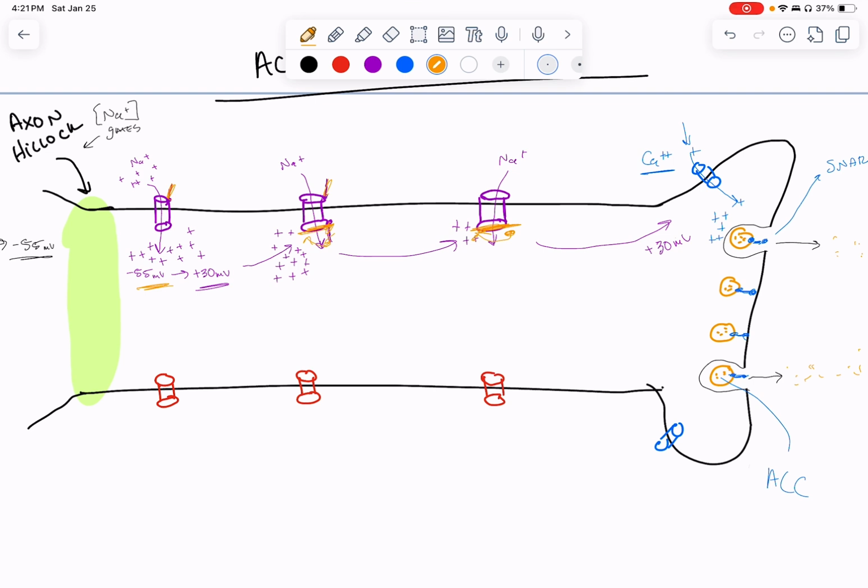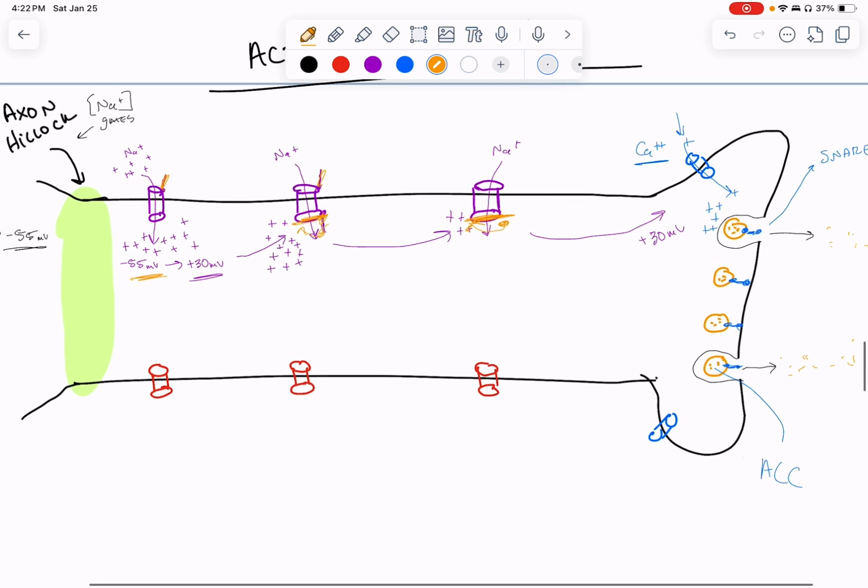sodium. Now, although this positive 30 millivolts is what shuts this gate for the sodium voltage gated channels, it's actually this positive 30 that opens the potassium channels.